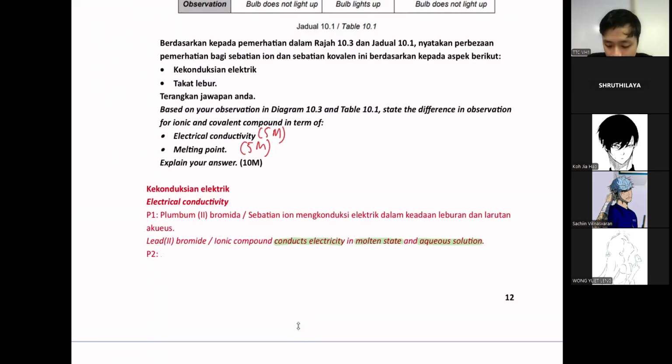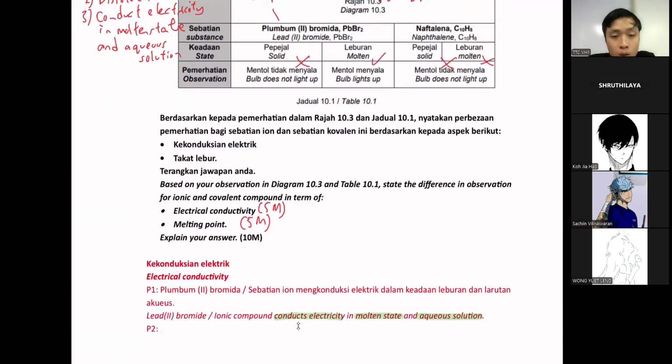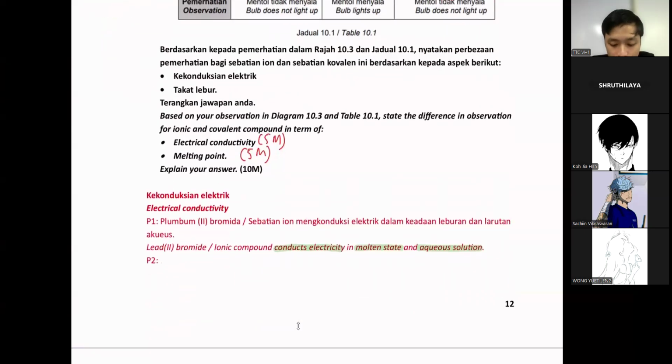Actually, for electrical conductivity, 2 points are for the molten state, 1 point you talk about the solid state. Why no conduct electricity? Then 2 points also about naphthalene. Why cannot conduct electricity?